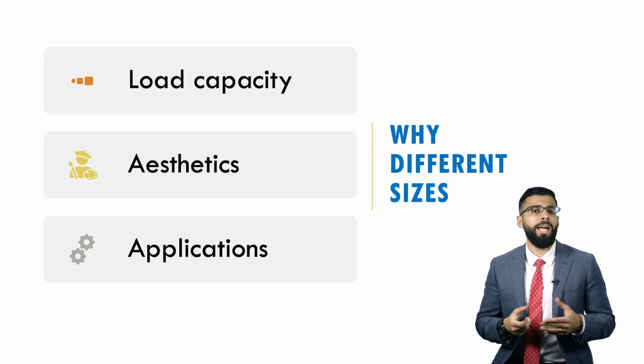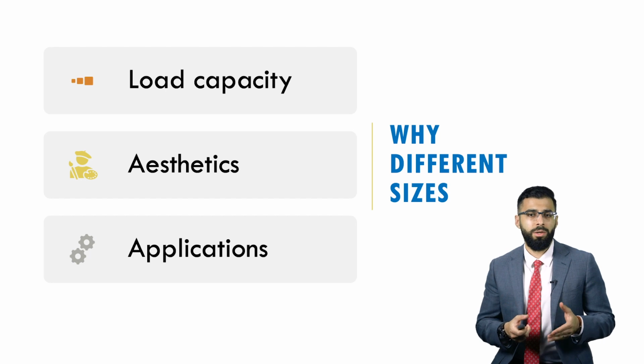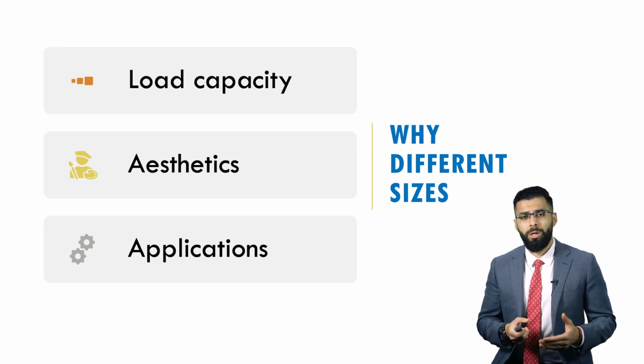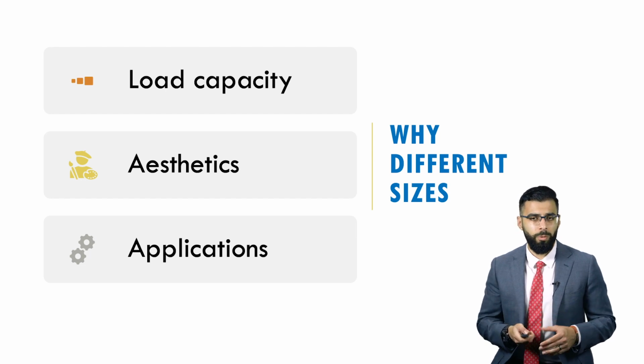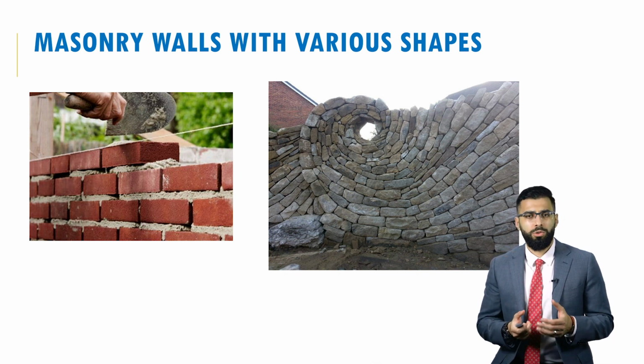And number three, applications. So constructing, for instance, a wall from masonry, if that wall is load bearing, then you have to utilize a different sort of unit block compared to a non-load bearing wall.